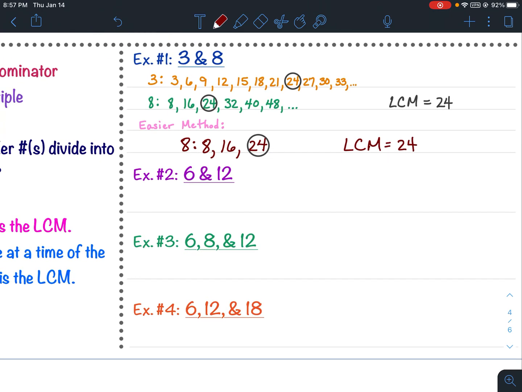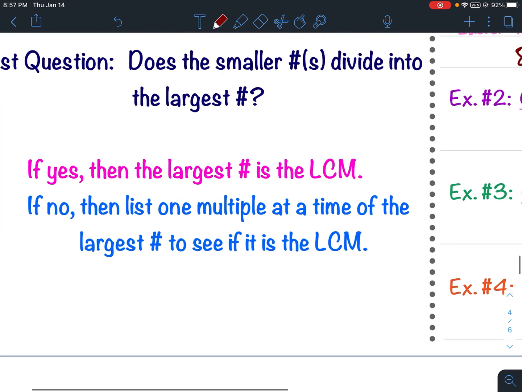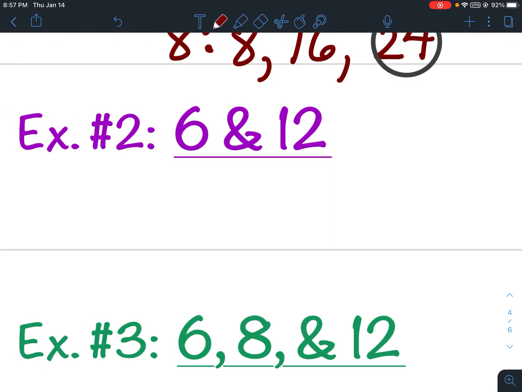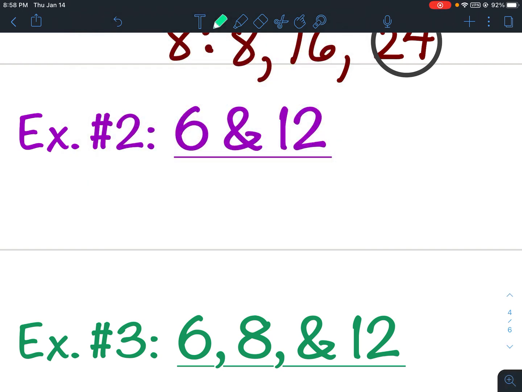All right, so let's do example number 2. Example number 2 is 6 and 12. So what's the first thing we want to do? We want to ask ourselves, does the smaller number divide into the larger number? Does 6 divide into 12? Yes, it does.